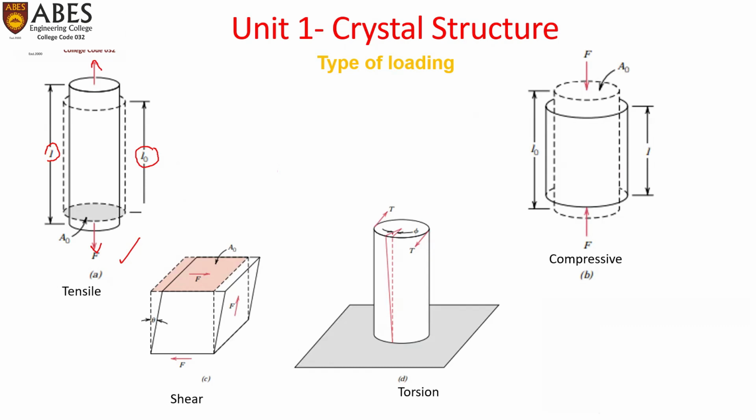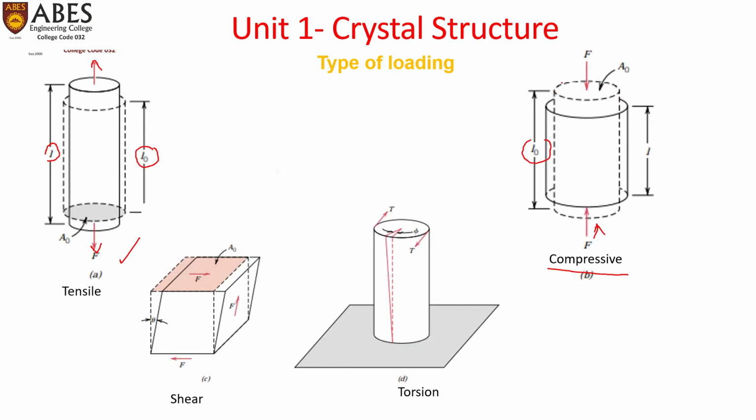Similarly, for compressive loading, the figure denoted by dotted line is the original shape of the body where the compressive force is applied. So it is given by L naught, and force is applied such that it will cause compression in the body.